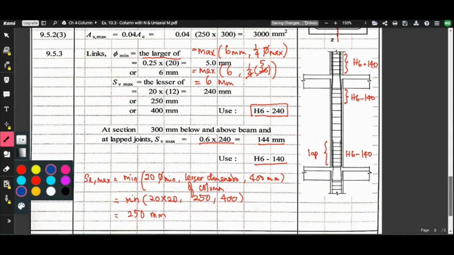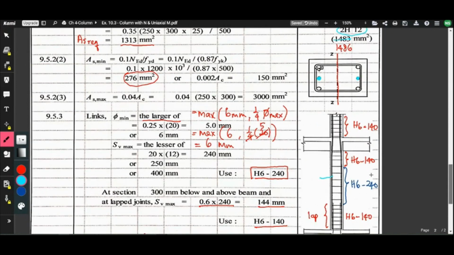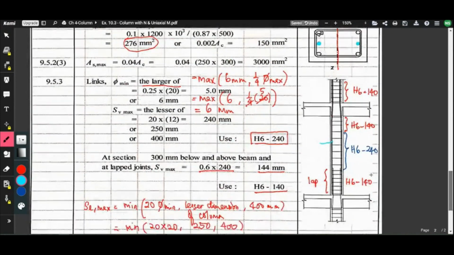For the rest, we can use H6 at 240. The main reinforcement is 4H20 and 2H12.